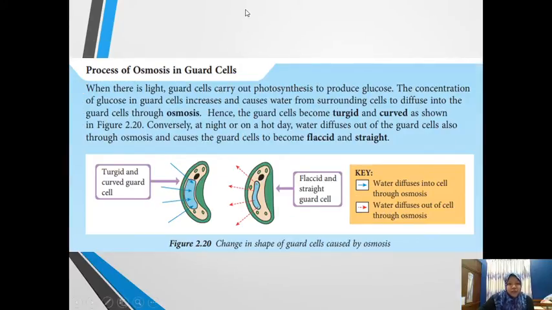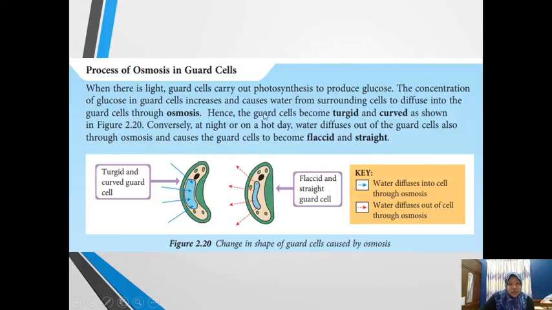So, the process of osmosis in guard cells. So, tadi kita dah tengok apa itu osmosis. So, kita tengok apa kaitannya dengan tumbuhan tadi. So, when there is light, the guard cells carry out photosynthesis to produce glucose. Apabila proses fotosintesis berlaku, dengan adanya kehadiran cahaya, dia akan dapat satu bahan yang kita namakan sebagai glukosa.